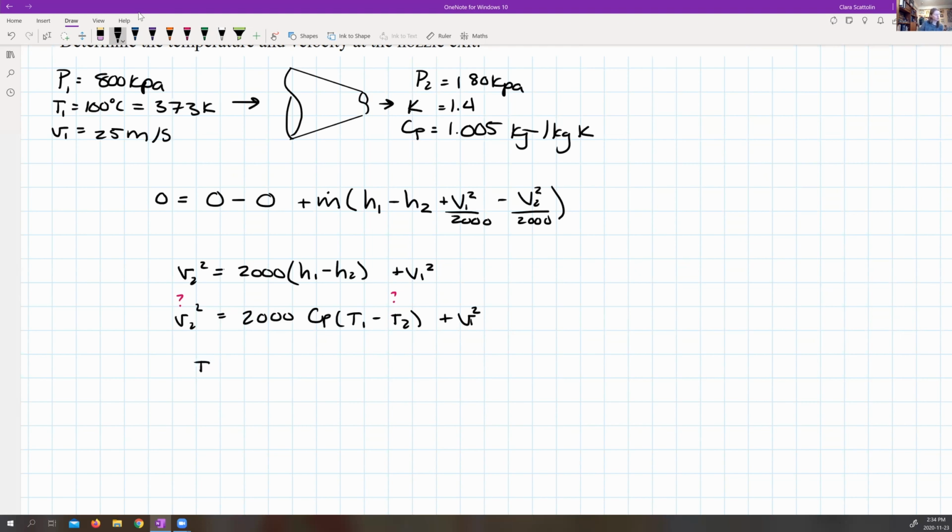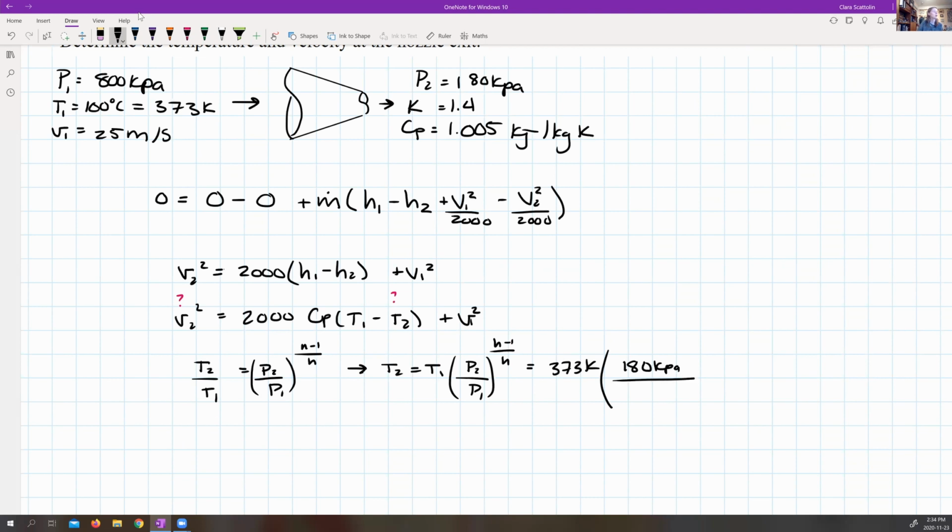What I'm going to work with is T2 over T1 is equal to P2 over P1 to the power of N minus 1 over N. So I know that my T2 is going to be T1 times P2 over P1 to that power. T1 is 373 Kelvin, and my pressures are 180 kPa and then my other pressure was 800.